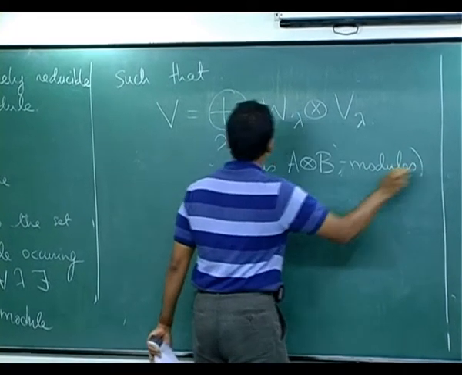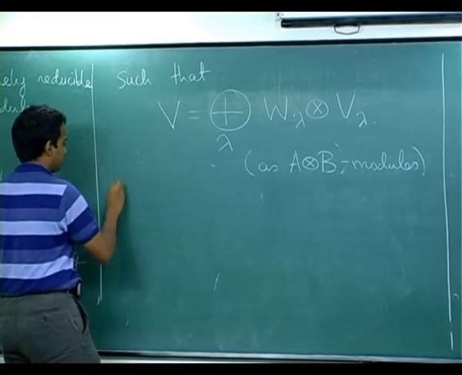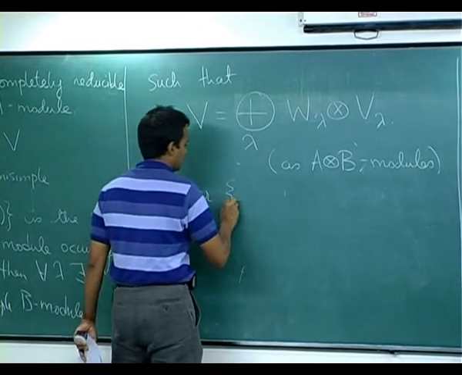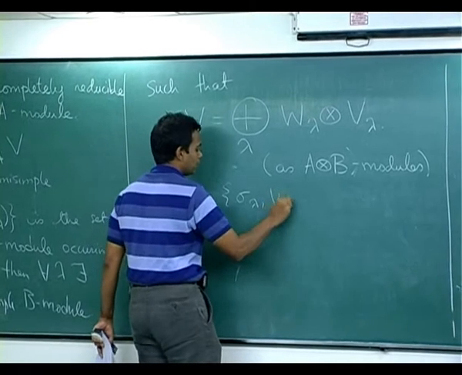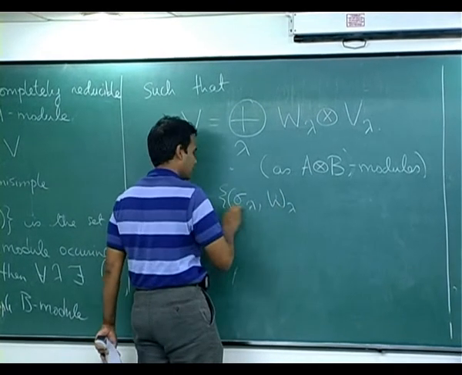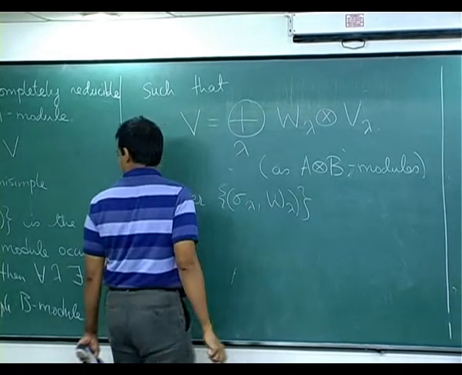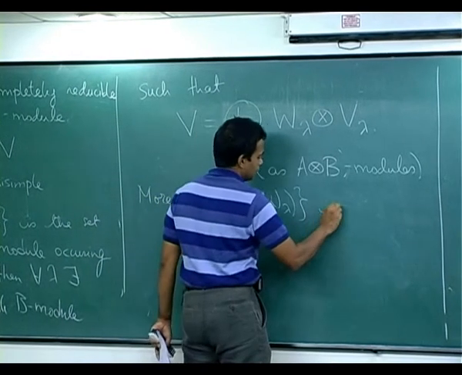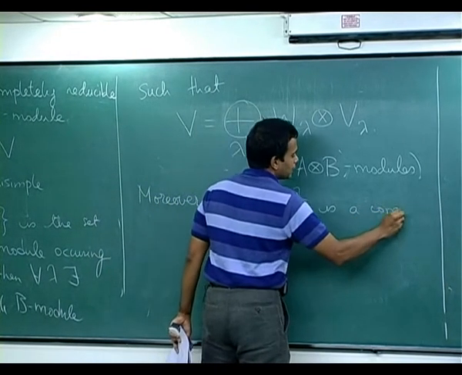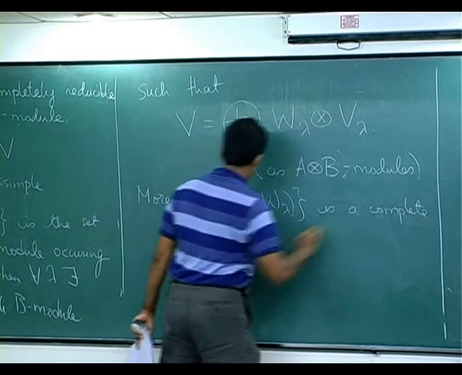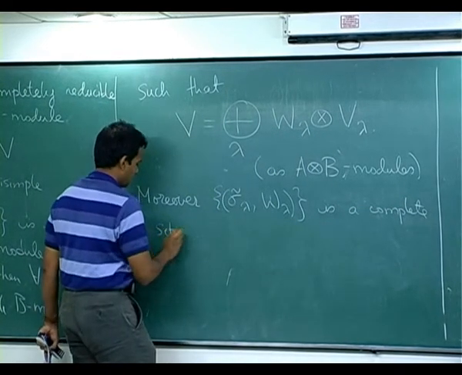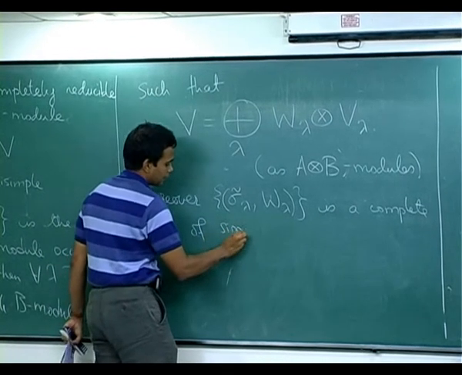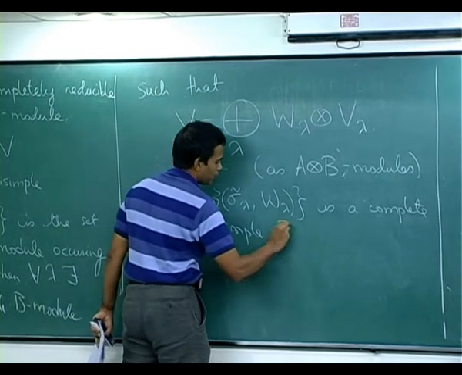What's more is that sigma lambda, W lambda, as lambda runs over whatever set we are using to index the V lambda, is a complete set of representatives of isomorphism classes of simple B modules.